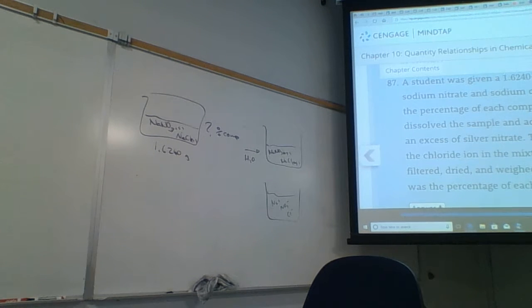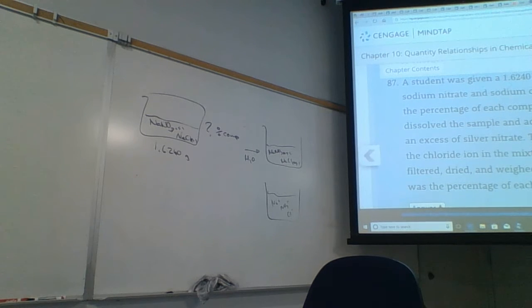Excess silver nitrate is going to contain silver ions and nitrate ions. So we're going to have a mixture of silver ions, nitrate ions, sodium ions, nitrate ions, and chloride ions.